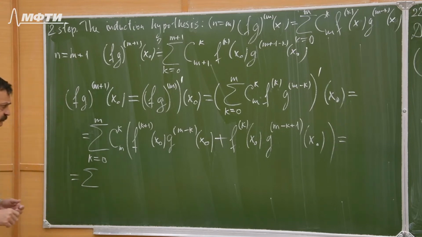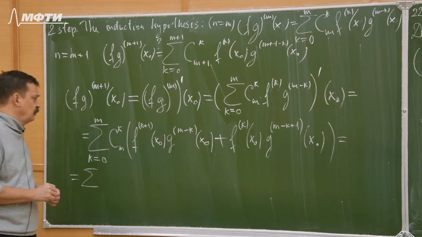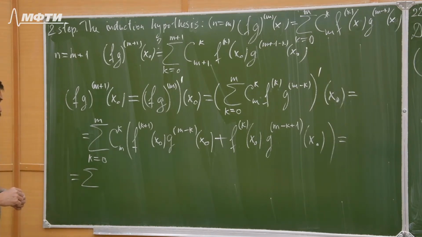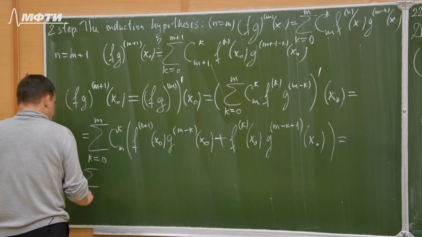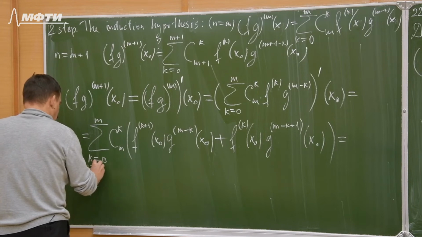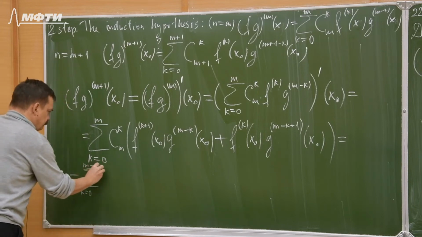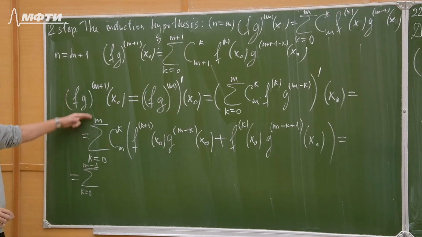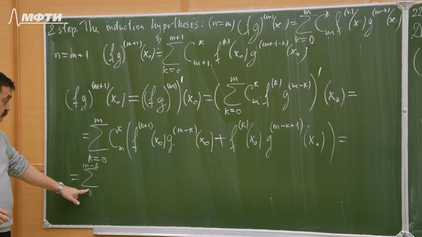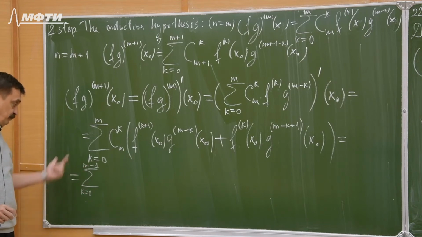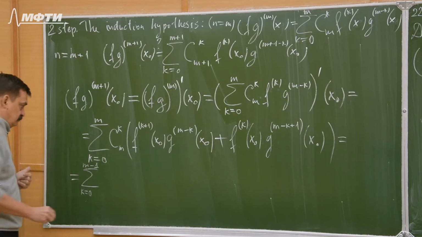And also I'll do the following thing. So for the first sum, I'll separate that sum into different terms, the sum of the first m terms plus the last.